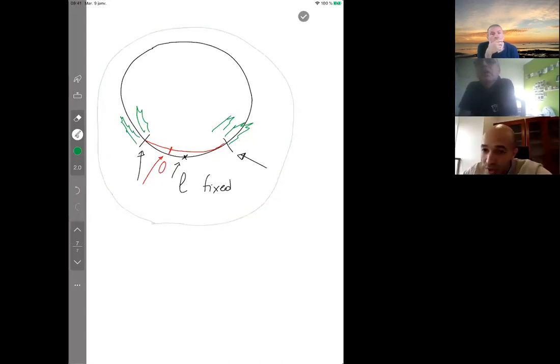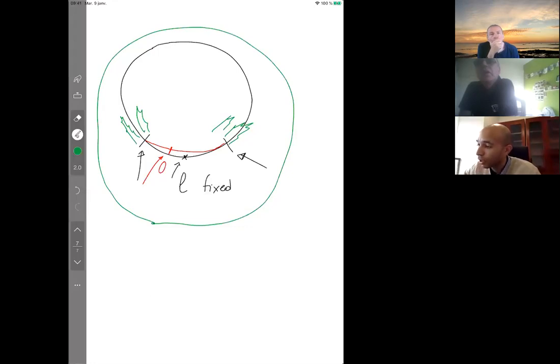Because if you have a cycle in the circle, then you know that every point of the circle will be visited by a loop. So if you have a point with local time 0, meaning a point which does not belong to any loop, you are sure that no loop visited the whole circle.